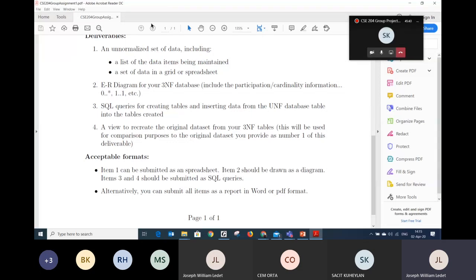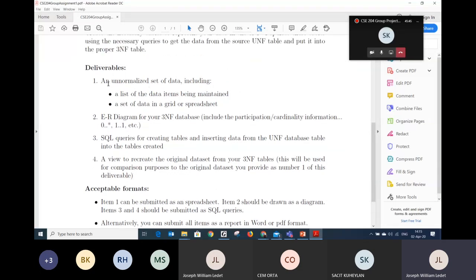And that's basically what you're doing: you're taking an unnormalized data set that your customer has given you. Whatever your project is, your music library or your hotel management system, whatever it is that you're doing, they're giving you a set of data that they have. And man, it's bad, right?